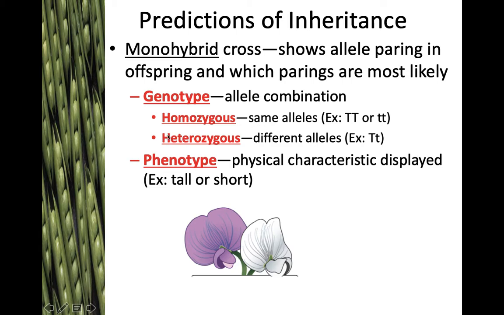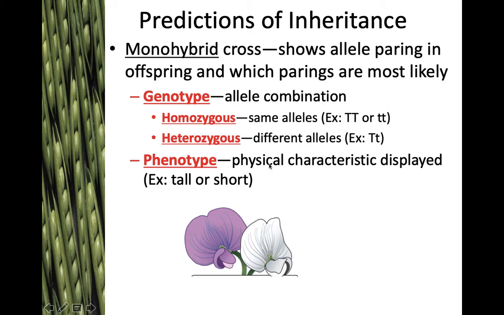If you're heterozygous, you can't run your pen across the top of it. You run into this T. So I like to make it very dramatic here. Heterozygous, you run into that T, means you have different alleles. So you have a big T and a little t. They're just different. So that's your genotype that we show with your letters, your allele combination.